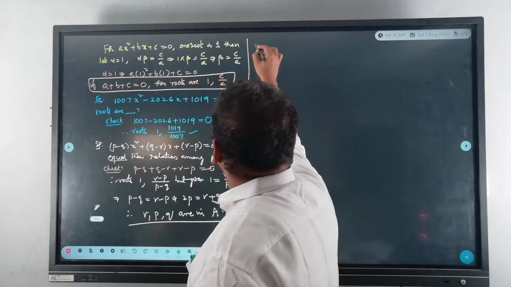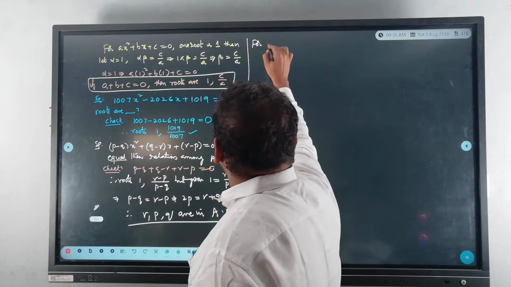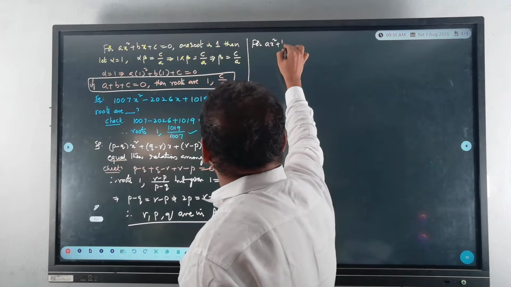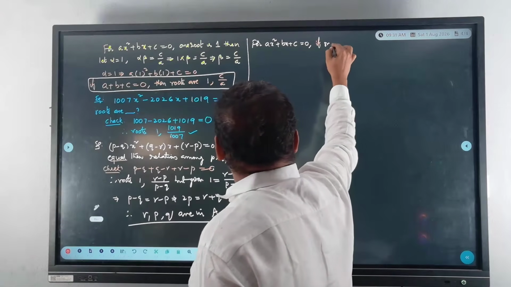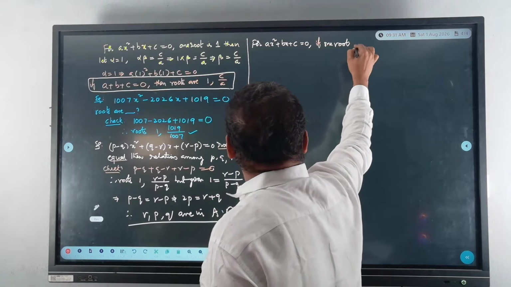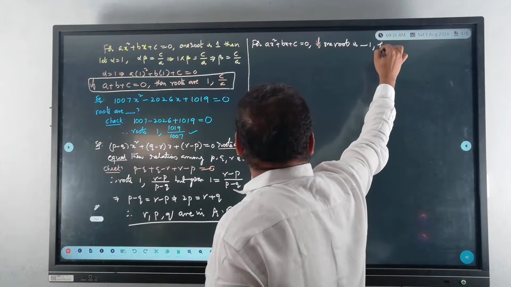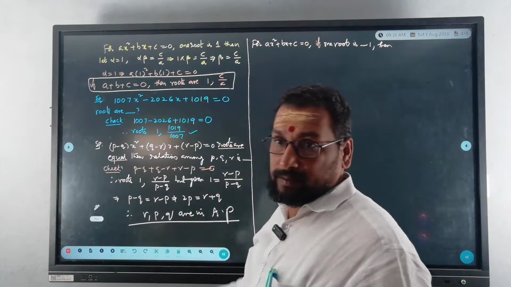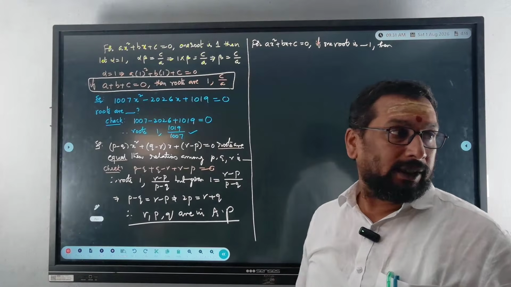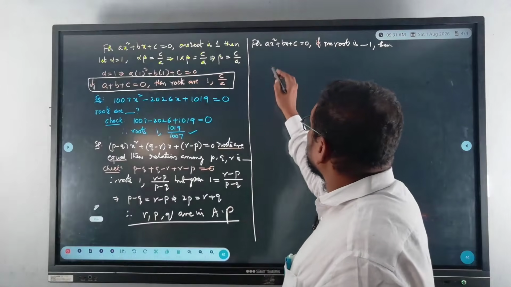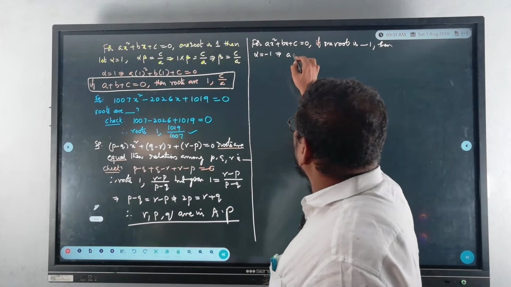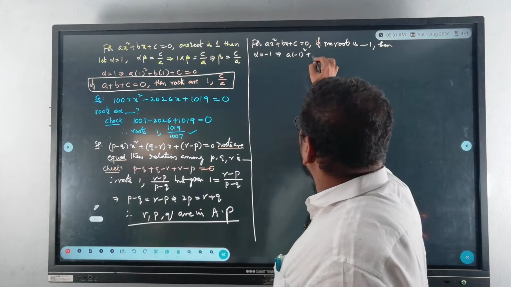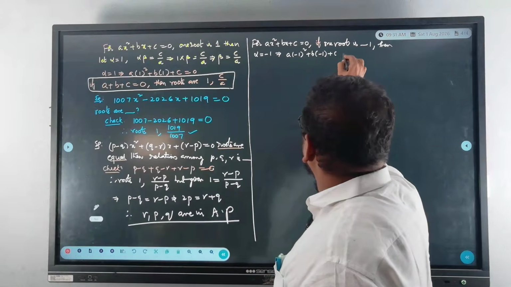Next, for ax square plus bx plus c is equal to 0, if one root is minus 1, then alpha is equal to minus 1. a into minus 1 whole square plus b into minus 1 plus c is equal to 0.